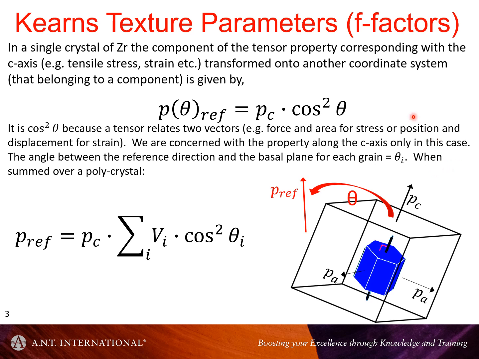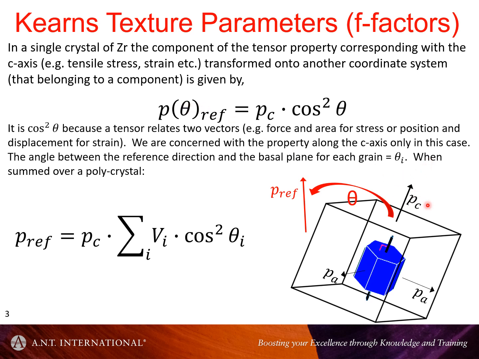And the tensor property of the single crystal in the c-axis can be transformed into a tensor property in the polycrystal by this expression here. So the tensor property which we choose from the c-axis, it could be, I'd say, a strain along the c-axis.